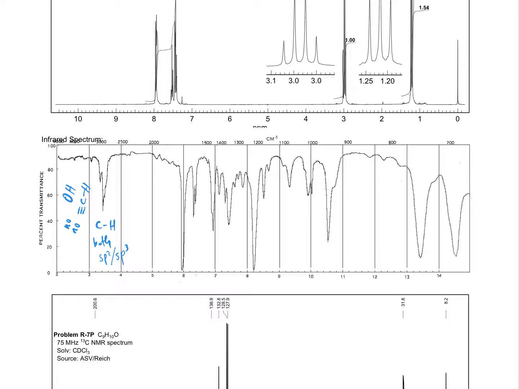Do you see a large peak right here? This guy stands out. If it's fair to say that it's about 1700 wave numbers, these are usually very strong if it's a carbon oxygen double bond, a carbonyl of some sort.